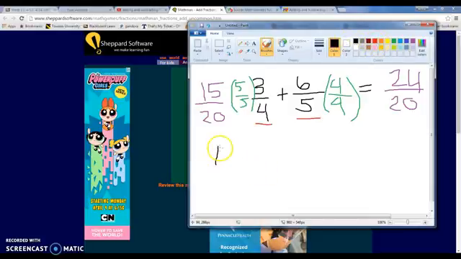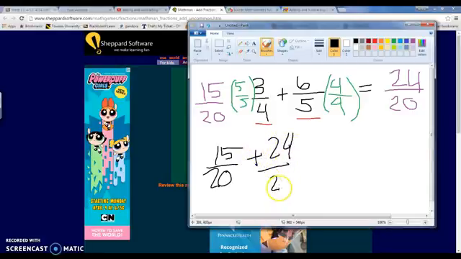So we have 15 over 20 plus 24 over 20, which equals, bottom number stays the same. Remember, we don't add or subtract the denominator. We are only adding the numerator, and we have 39 over 20, which is also known as an improper fraction.